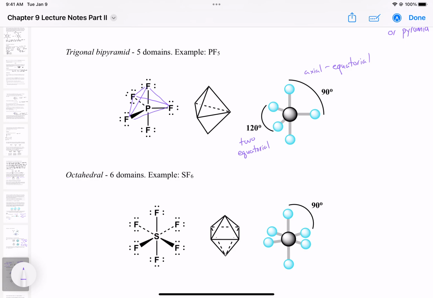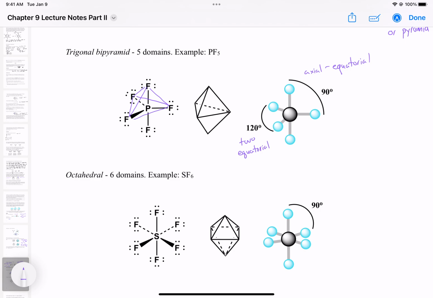Okay, so any atom that has 5 domains, we can characterize it as trigonal bipyramid. Okay, we'll go over the other classifications for these 2 below in the next few slides.